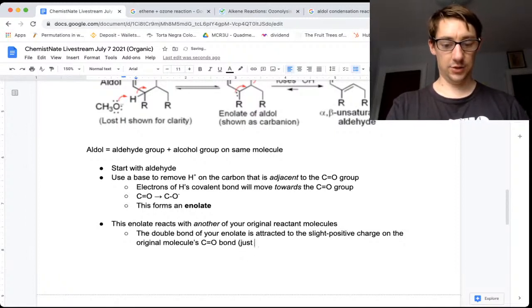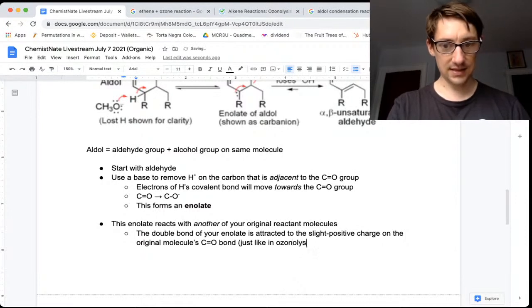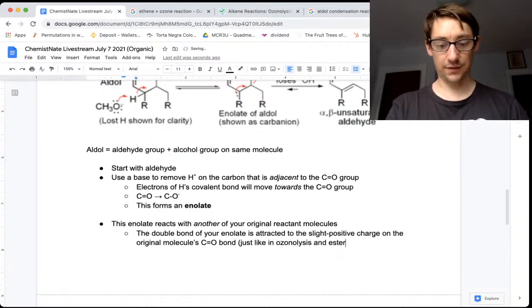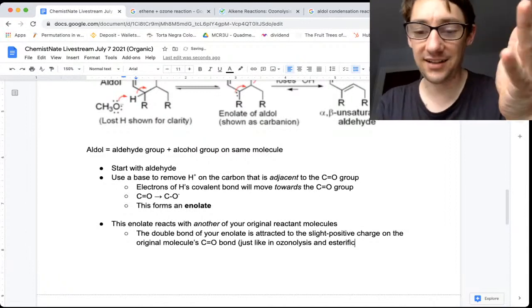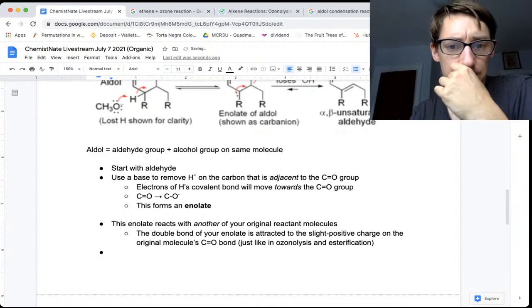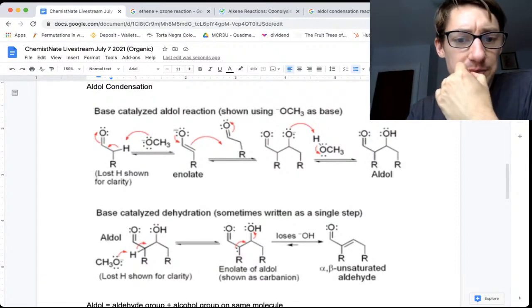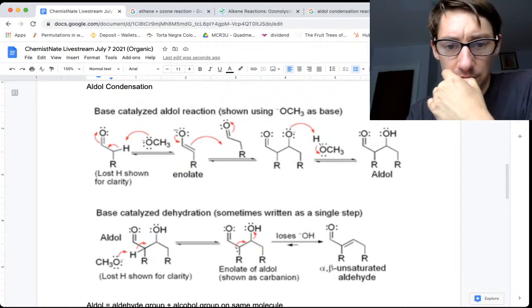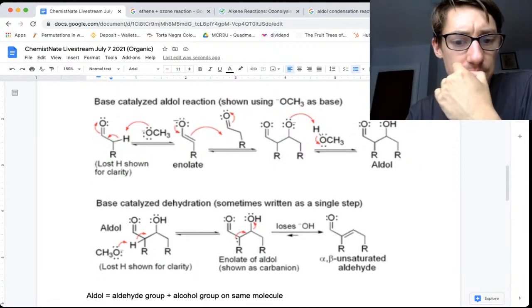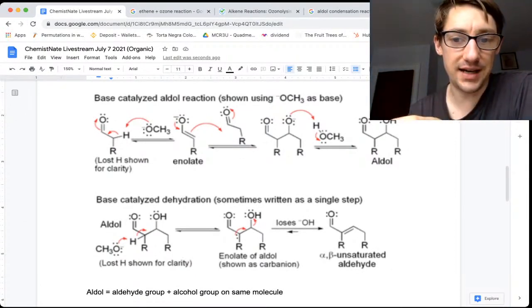Just like in ozonolysis and even esterification. We're seeing that a lot. Something worth remembering. That minus charge from the oxygen reforms the pi bond between those two as well. Oh, well that's kind of cool. That's all it is. And then the base gives back the H.